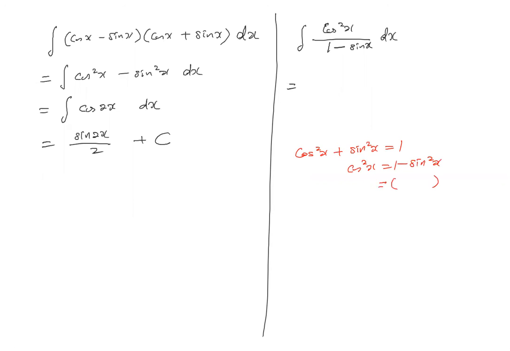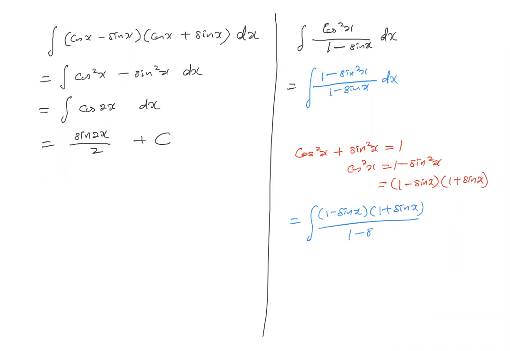Because of the difference of 2 squares, I can write 1 minus sin square x as 1 minus sin x times 1 plus sin x, divided by 1 minus sin x, then dx. Then I cancel.